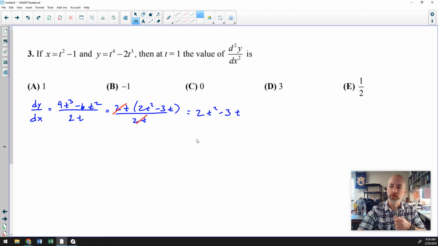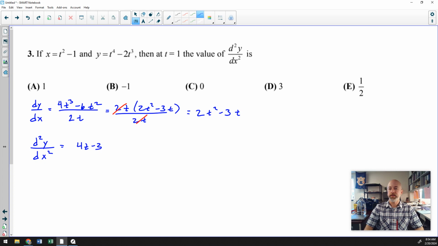Now we need to get to the second derivative. And here's where you have to be really careful, because a lot of people are not going to be paying attention, especially when you're new to this, which I assume you are. And they will say the second derivative is 4t minus 3, because you're doing the power rule to that nice little quadratic 2t squared minus 3t.